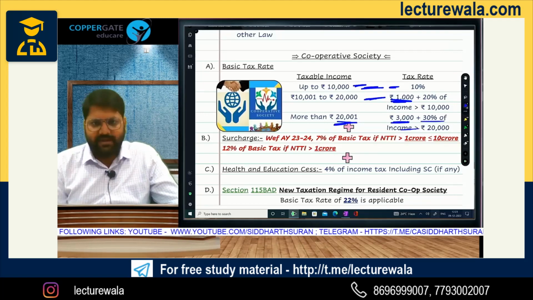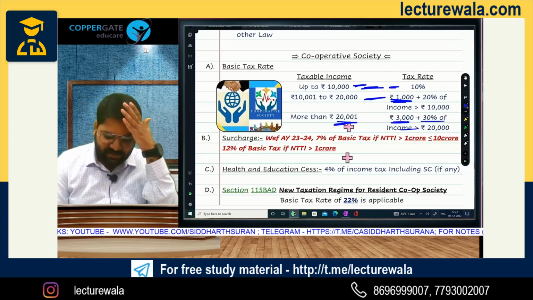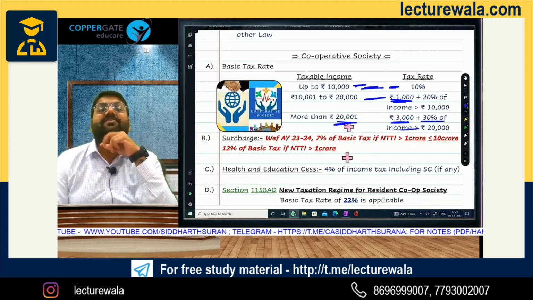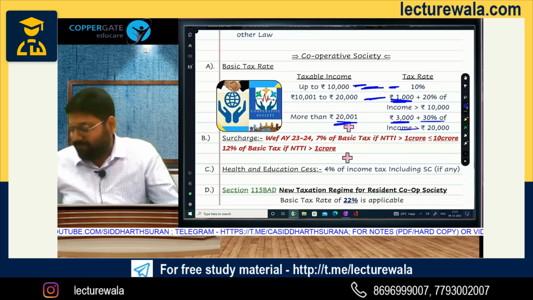Rebate won't be coming obviously because rebate is only for individuals. Surcharge will come and there is an amendment. Second timers can understand this, first timers no. Till last year the surcharge was the same as partnership firms. Now the surcharge is the same as domestic companies.